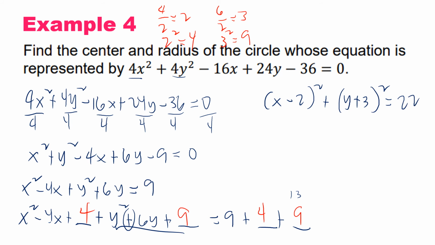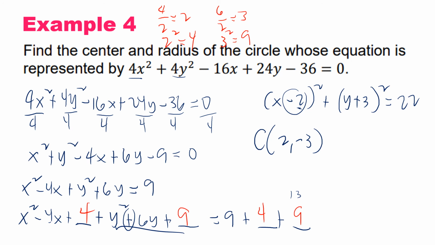Okay? Then, what is the center? The center is 2 and negative 3. So kung makikita mo, ito, negative 2 yan, but ang kinuha lang natin, yung 2 dito. Ito naman is positive 3. Kuha natin negative 3.